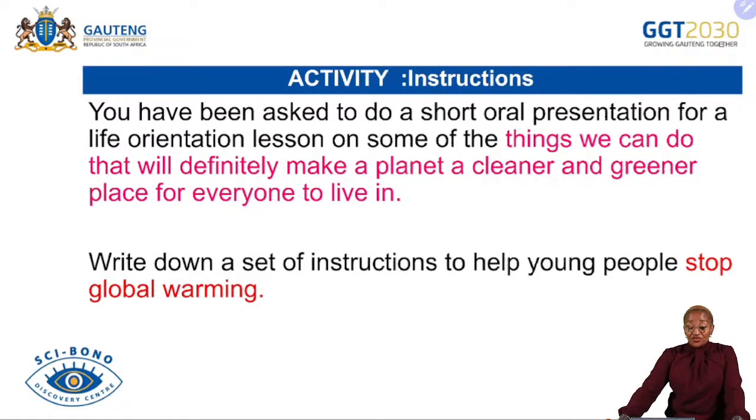What is the instruction? What are you then expected to do? Write down a set of instructions to help young people stop global warming. So you are expected to come up with a set of instructions that would help young people to stop global warming.